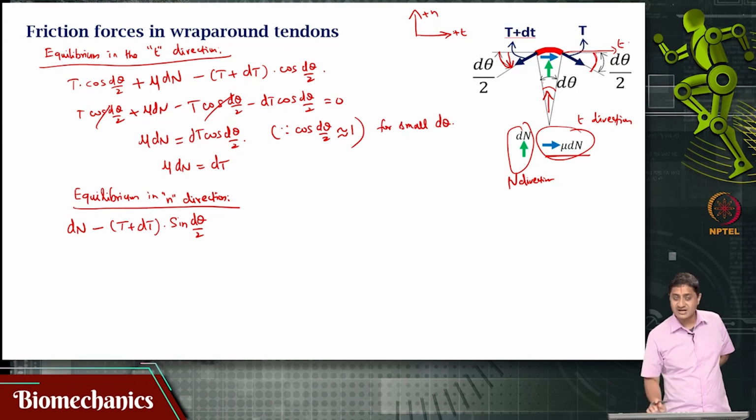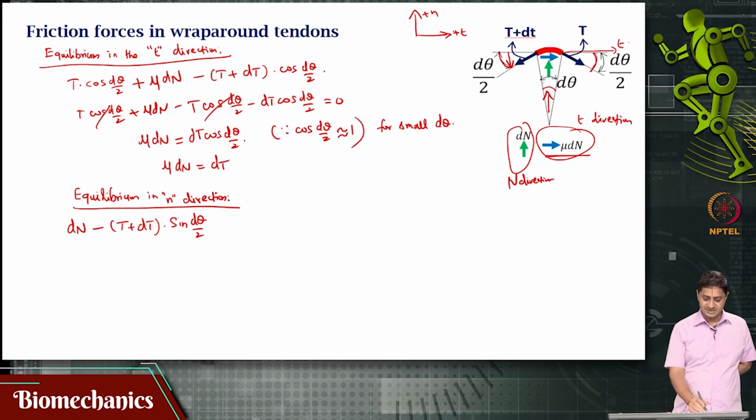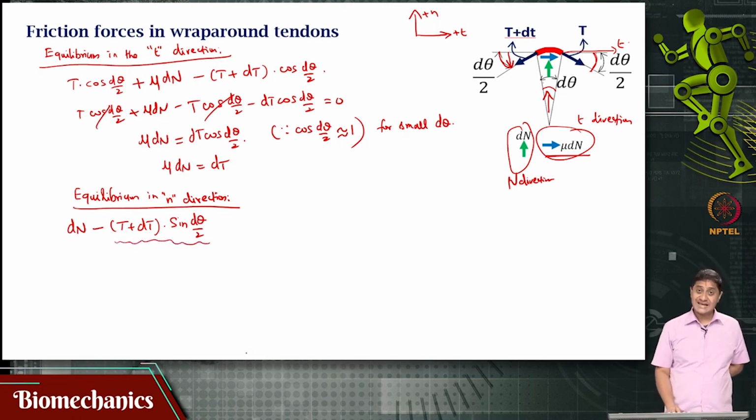In the negative n direction, there will be a component of the belt force. That component would be sin d theta by 2 times (t plus dt), because it is the opposite side.